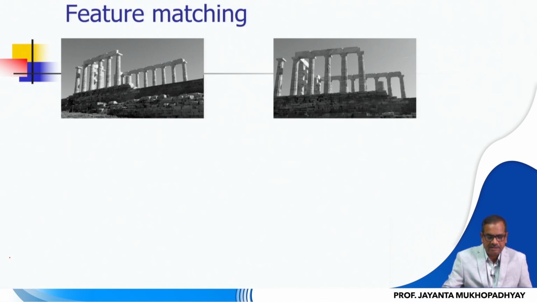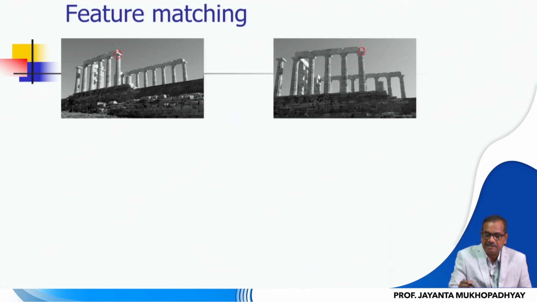So consider this particular problem where you would like to perform registration or matching of pairing points which are of the same scene point. Consider the point here, and similarly consider this structure.